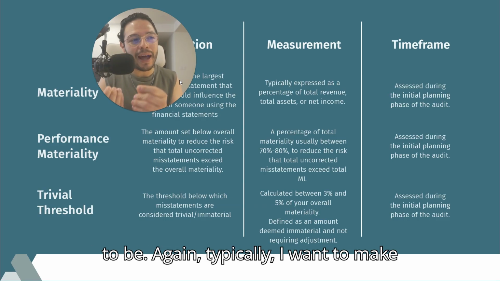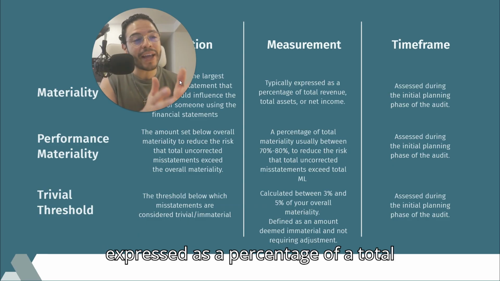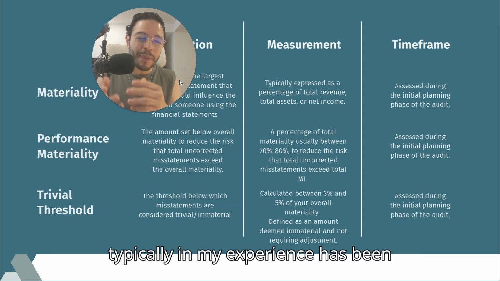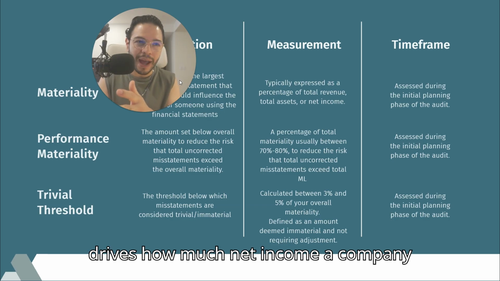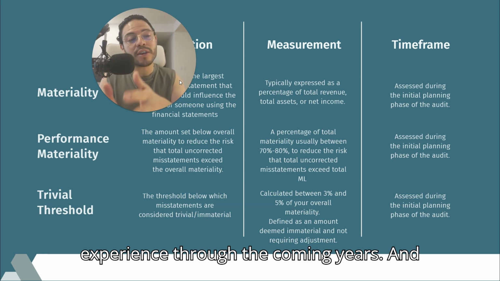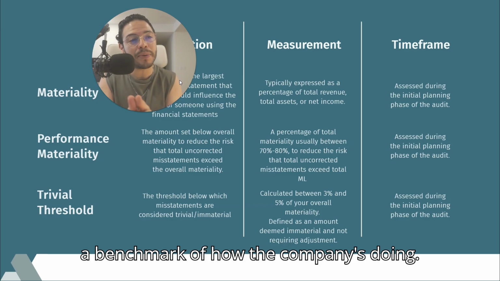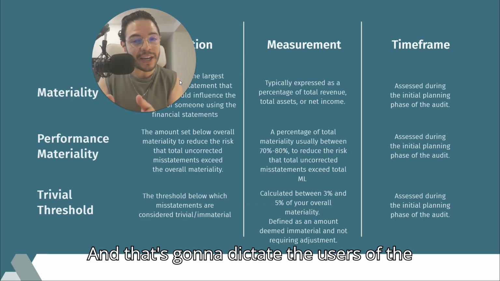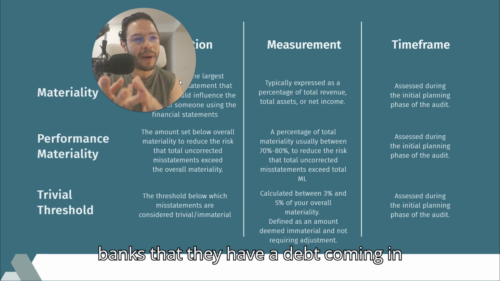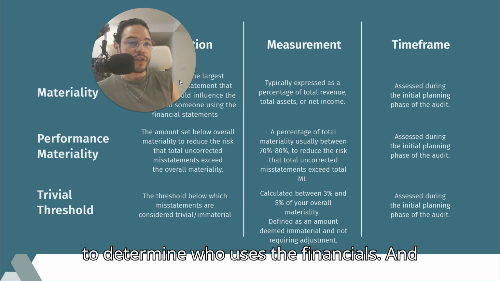Typically, in my experience, that benchmark has been revenue because, as you all know, revenue drives how much net income a company has, how much money they're going to be making, how much growth they're going to experience through the coming years, and that typically is going to be a reflector or a benchmark of how the company's doing. That's going to dictate the users of the financial statements, which can be management, investors, third parties, banks, if they have a debt covenant with the bank. So that's going to determine who uses the financials.